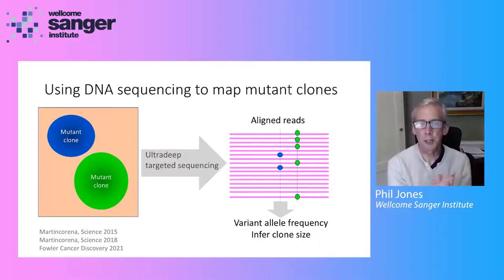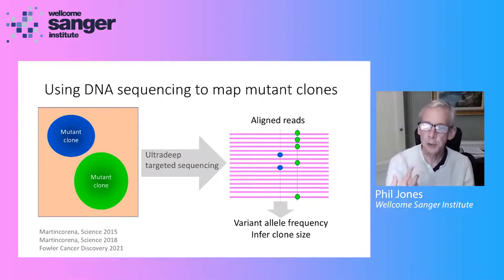If we sequence this small piece of epithelium very deeply, using targeted sequencing to get many fold coverage of the individual genes we're interested in, and then align the reads, we would expect to see a small proportion of reads carrying the mutation in the blue clone and a slightly larger proportion of reads carrying the green clone mutation. And because this is normal tissue and essentially diploid, we can extract the clone size from the variant allele frequencies of these different mutations.